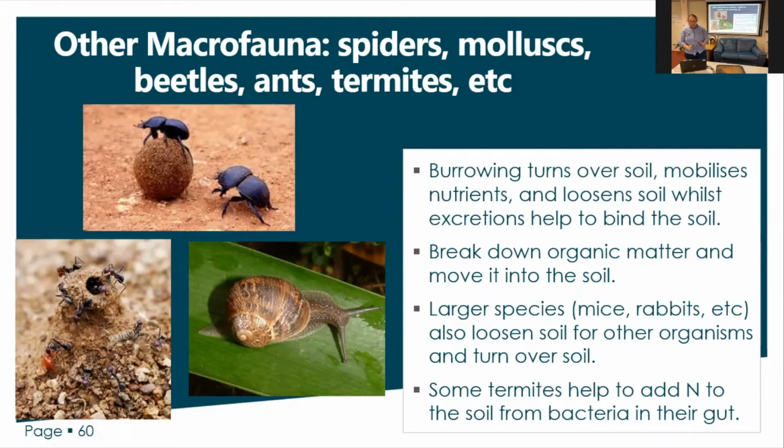Interestingly, some of these macrofauna, such as termites, they help to add nitrogen to the soil because they have bacteria in their gut that fix nitrogen from the air. So the termite itself isn't doing anything, but it's a host for bacteria which are helping the soil.